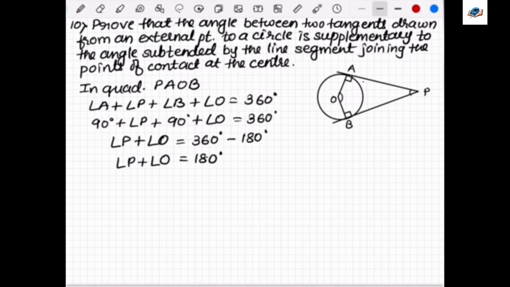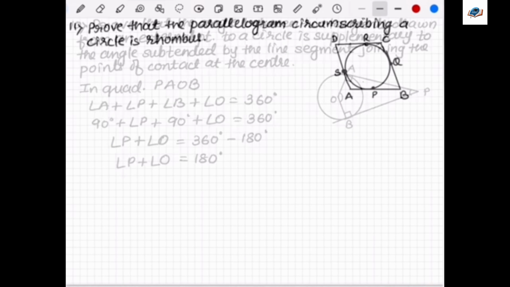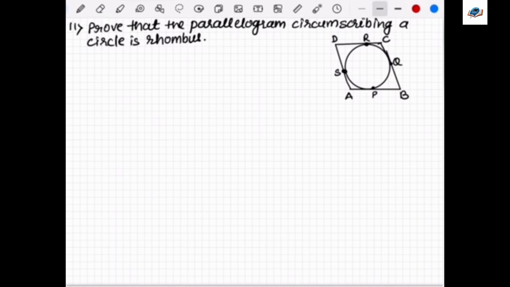This is nothing but tangents from an external point are equal. So tangents from the same external point are equal.